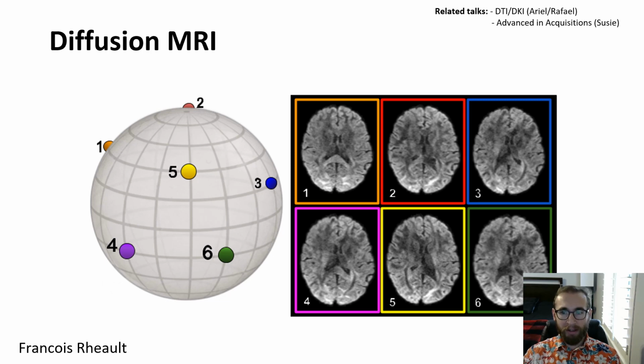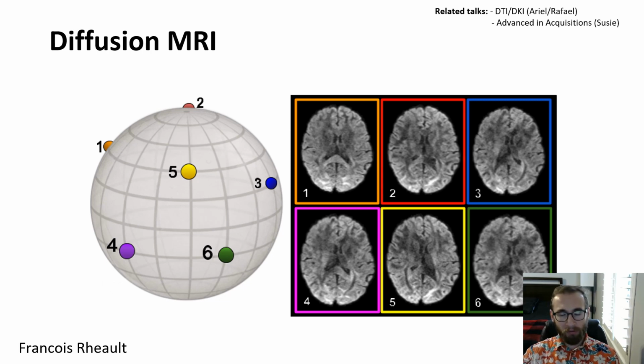I'm sure Ariel and Raphael will have more detail about that in their DTI and DKI talk. Also, Suzy will talk about advances in acquisition and the Connectome 2.0. If you have questions, probably refer to these speakers, listen to their talks, they're great. So this is for the acquisition.